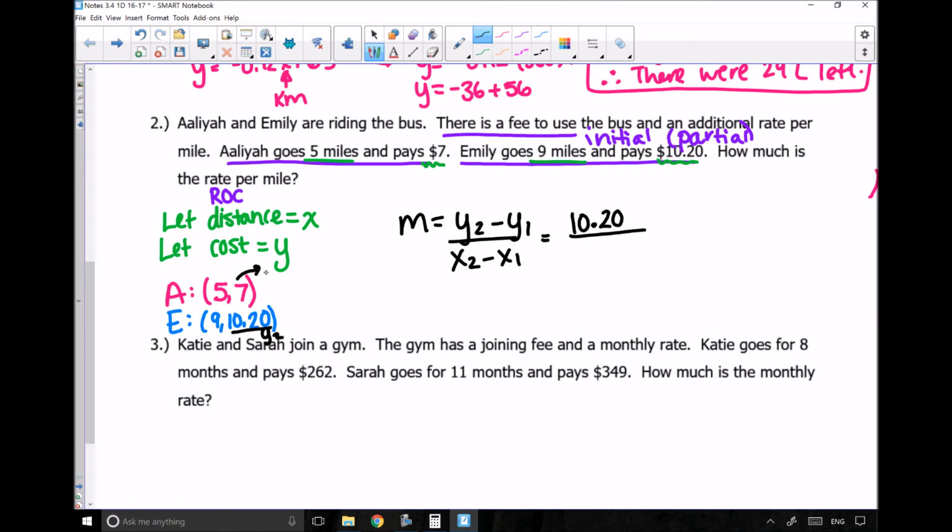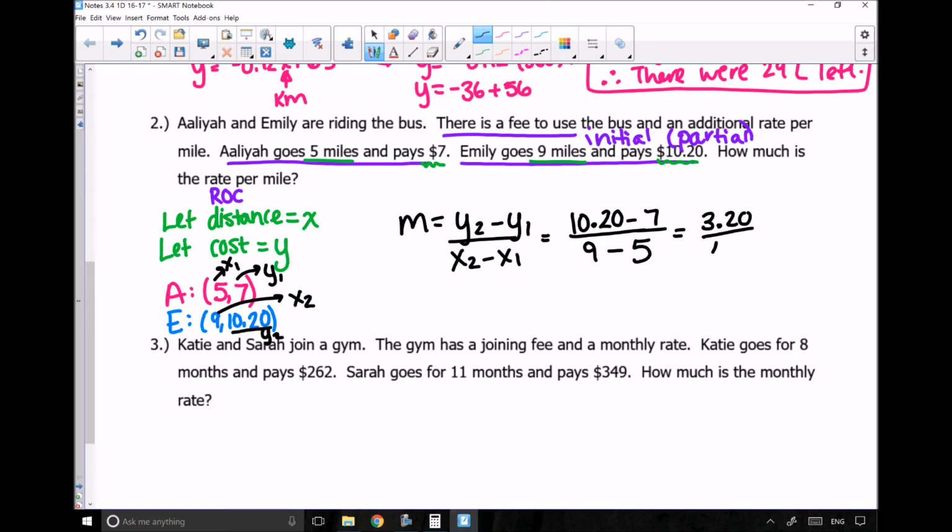My first y value is 7, so $10.20 minus 7. This 9 is my second x value, so I'll say 9 minus, this 5 is my first x value, so 9 minus 5. Okay, so let's go ahead and do our subtraction. So $10.20 minus 7 is $3.20.